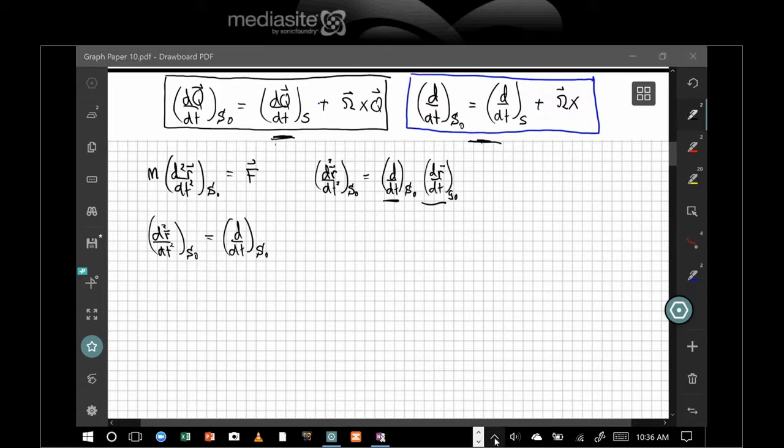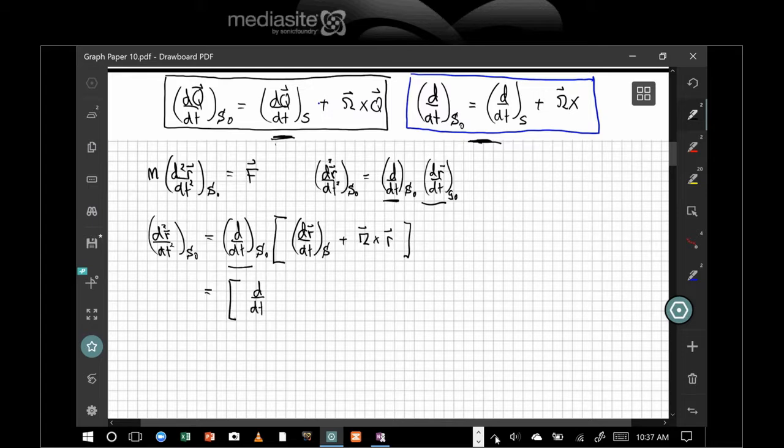Mass times d²r/dt², and that, in my fixed frame, is equal to the force. So what I'm going to do is start by writing this guy here in the fixed frame.